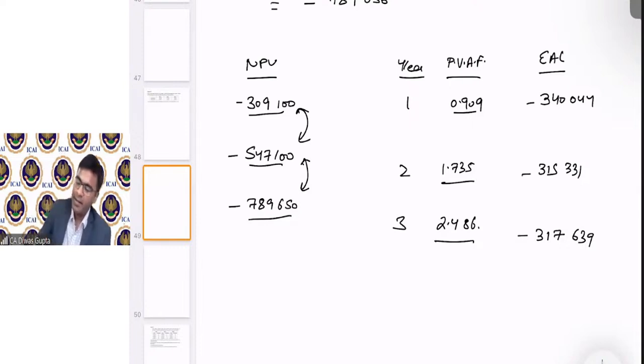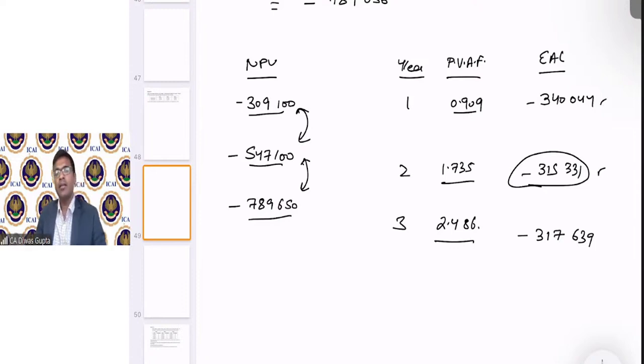Since NPV is negative, the EAC is also negative. Since EAC is coming lowest for year two, hence it is best to keep this taxi for 2 years, because on an annual basis, the cost will be lowest. If you keep only for 1 year, then the annual cost will be 340. Here it will be 315 and here it will be 317.